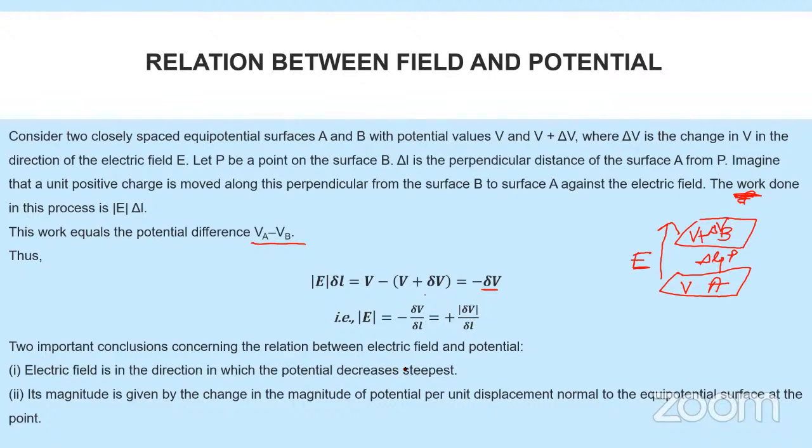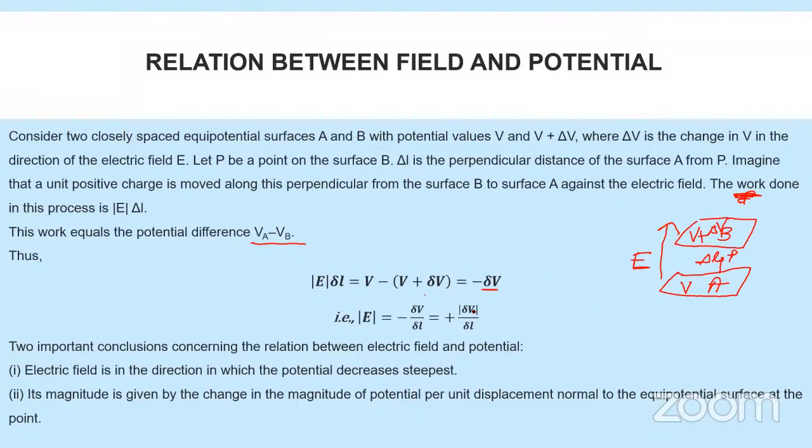Now what we can conclude from this derivation is that the electric field is in the direction in which the potential decreases steepest. Steepest as in the potential decreases drastically, very quickly, and the magnitude is given by the change in the magnitude of the potential per unit displacement normal to the equipotential surface.